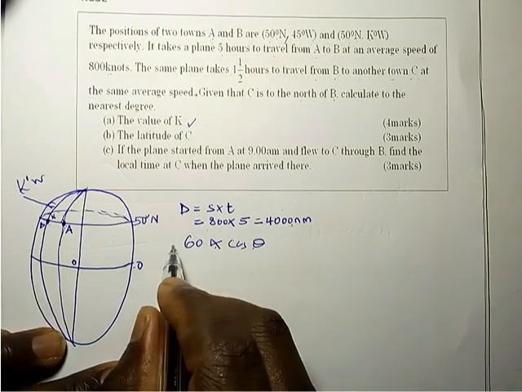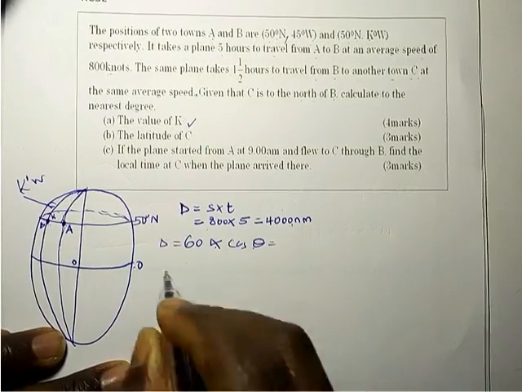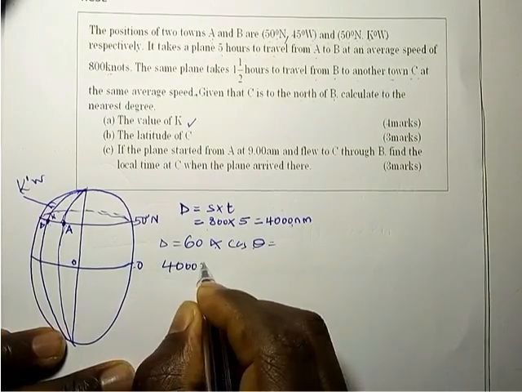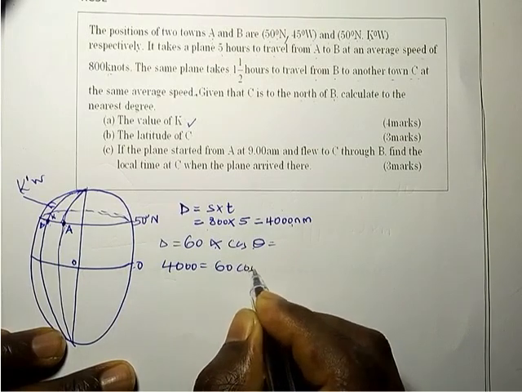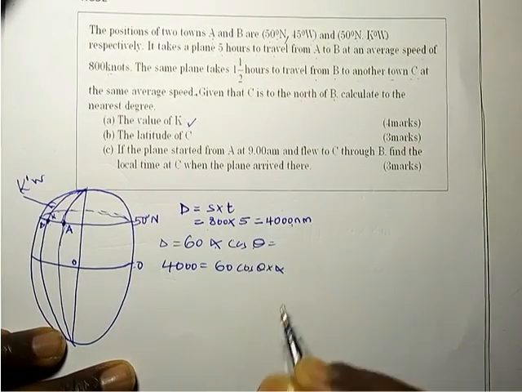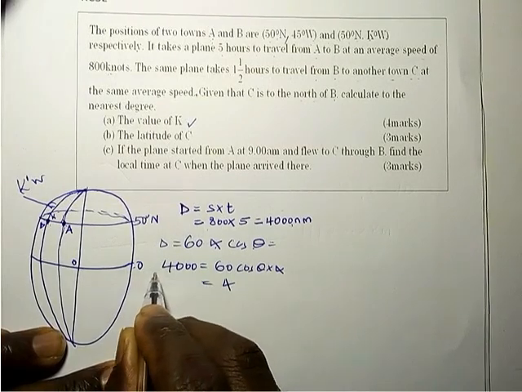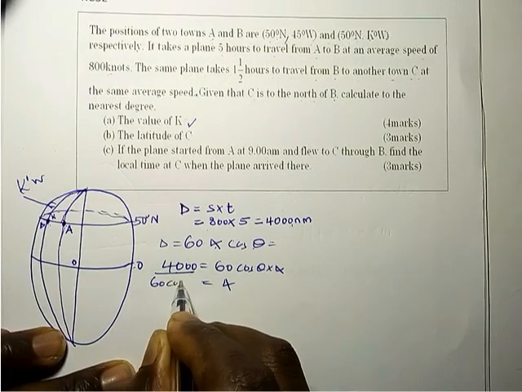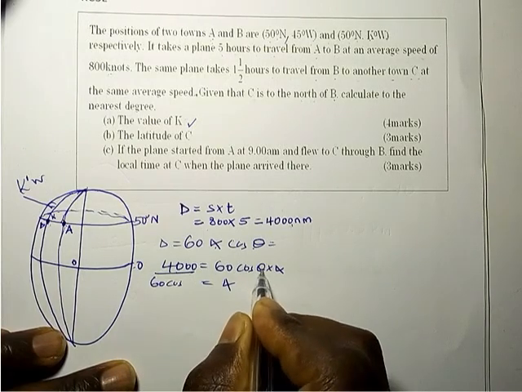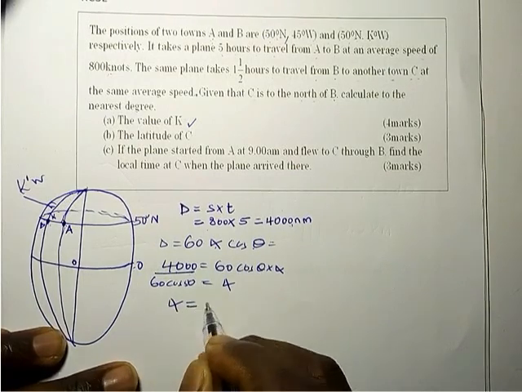So 4,000 is equal to 60 cos theta times alpha. So alpha is going to be 4,000 divided by 60 times cos 50.